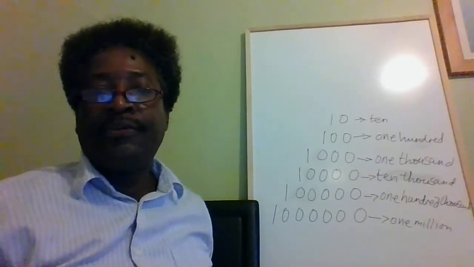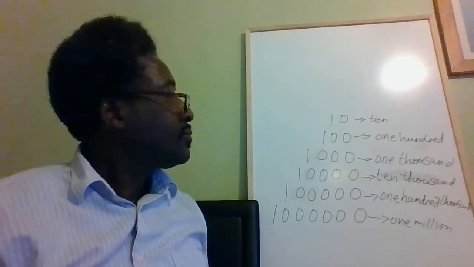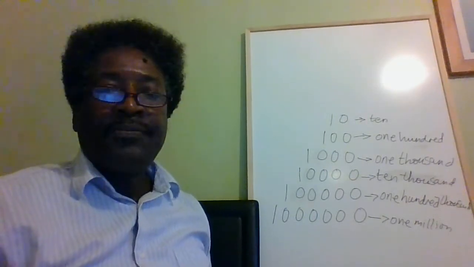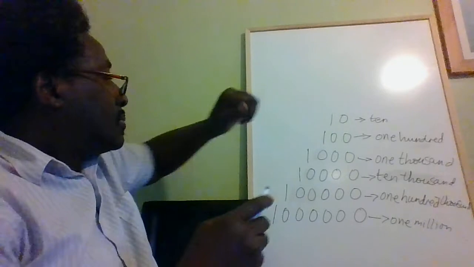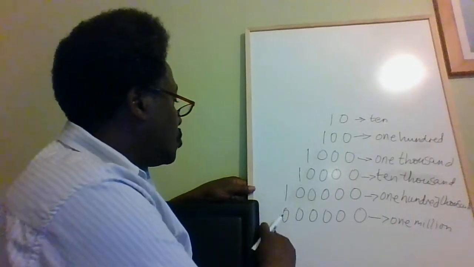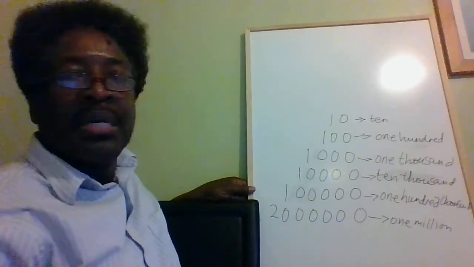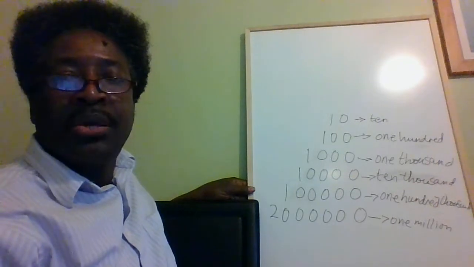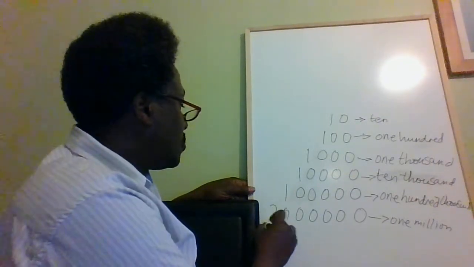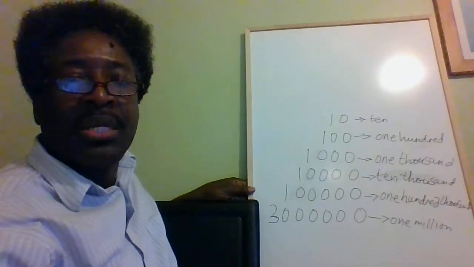That's easy enough. Now, if I change this to 2, that obviously is 2 million. If I change this to 3, that becomes 3 million.